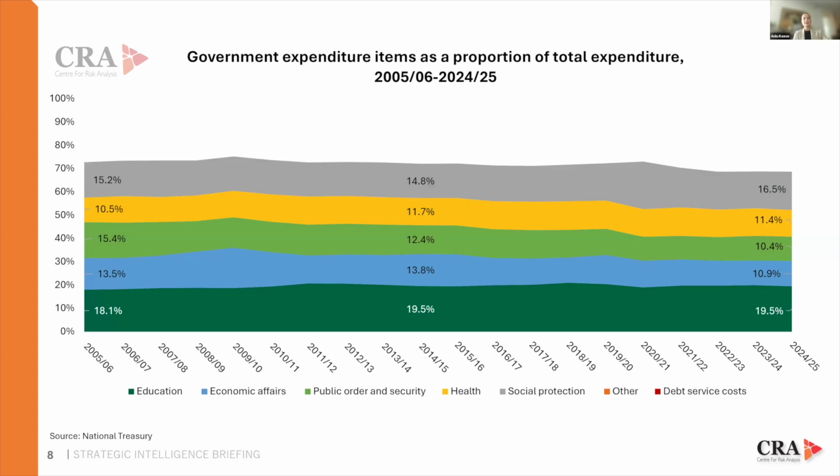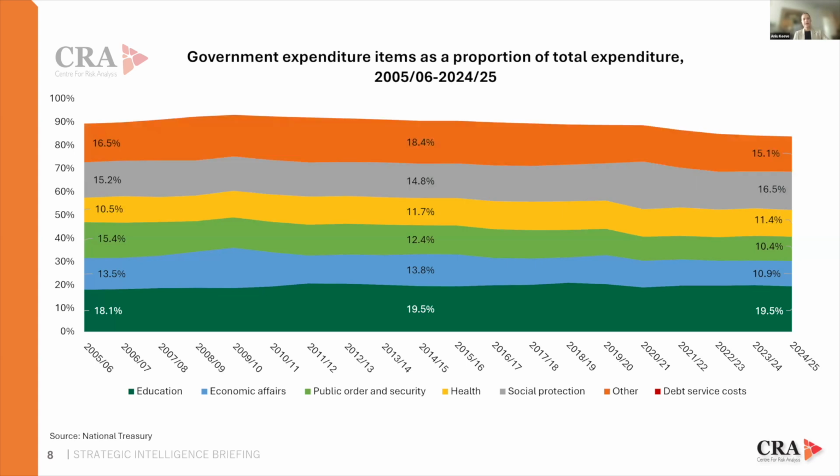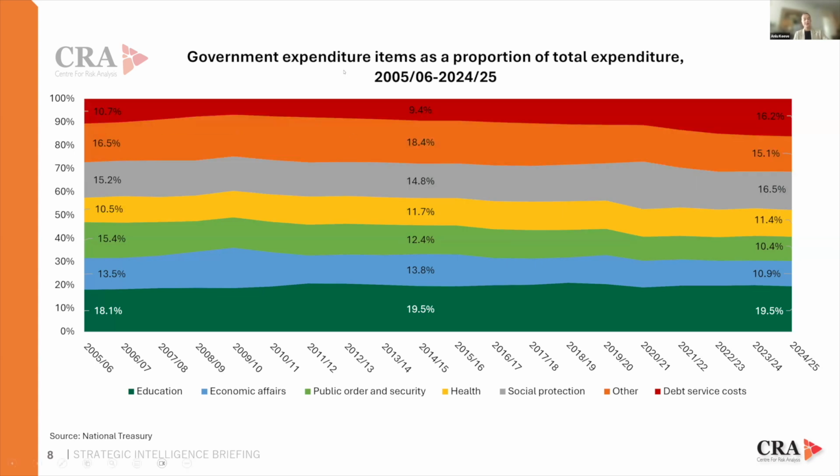So here we see a stacked area chart, and it shows us how expenditure is allocated. We can see that the budget areas compete for funding. We see some shrink, especially if you have a look at the top red line, which is debt servicing costs. We can see it pushing down, especially towards the right-hand corner, on all of the rest of the budget areas.